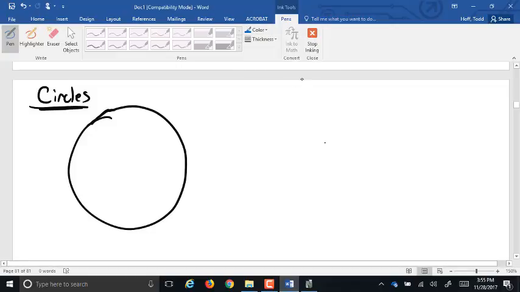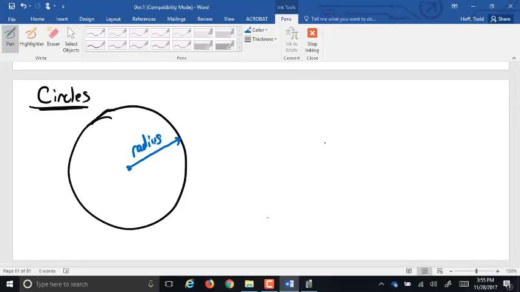A circle is completely defined by two features. One is its center, the location of its center. Pretend that's in the middle of the circle. And the second is the radius. The radius is just the distance from the center of a circle to any point on that circle.